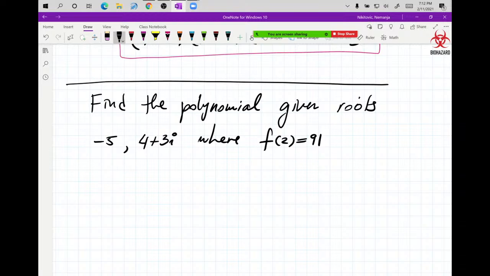Does anyone remember what I said about complex roots? What did I say about complex roots?